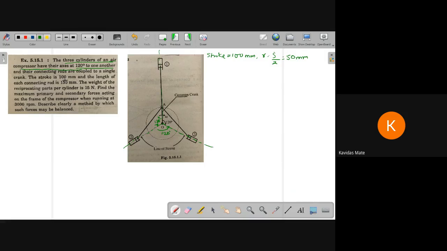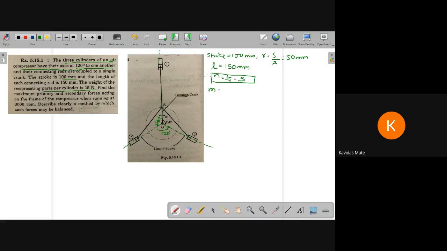The length of the connecting rod L is 150 mm. Once we get L and R, we can find n. n is equal to L by R, which is 150 divided by 50, that would be 3.